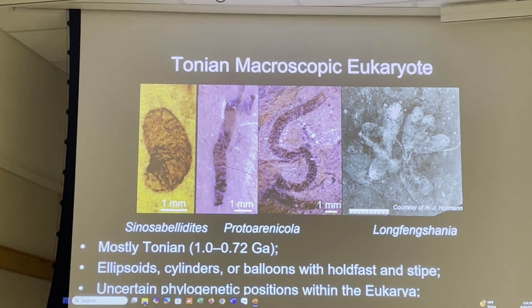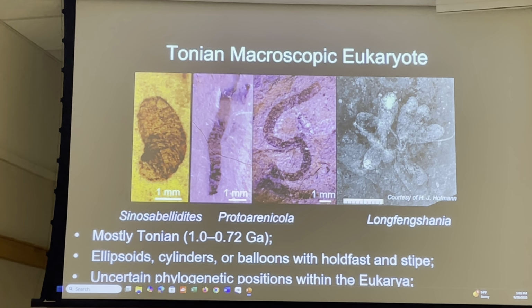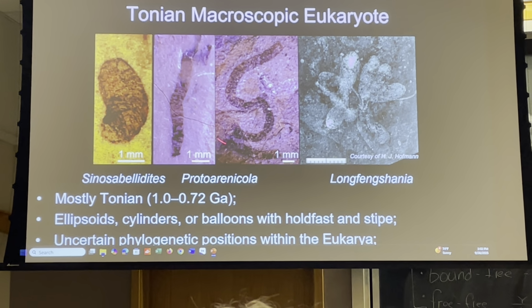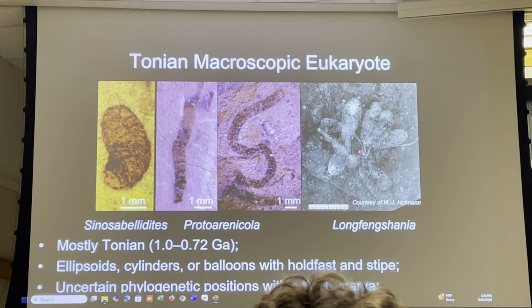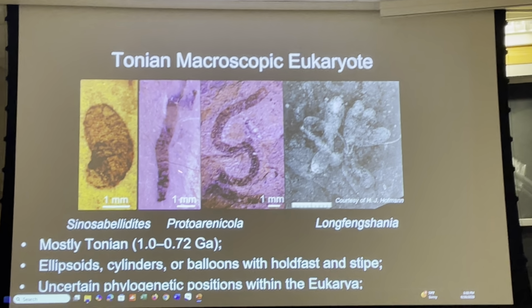In the Tonian, so this is the other end of the Proterozoic, we have examples of macroscopic fossils, millimeters, several millimeters, sometimes centimeter in size. The four examples are all coming from the Tonian. They're macroscopic, like I said.